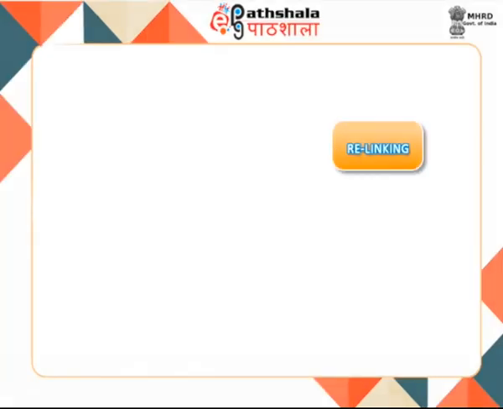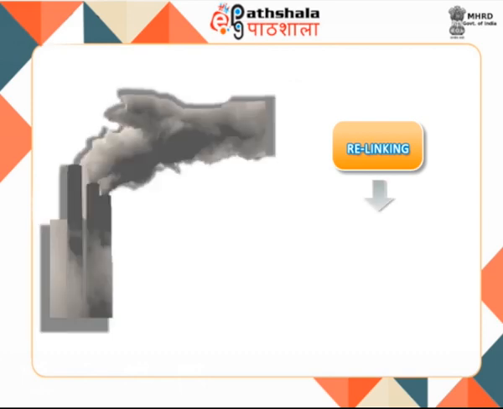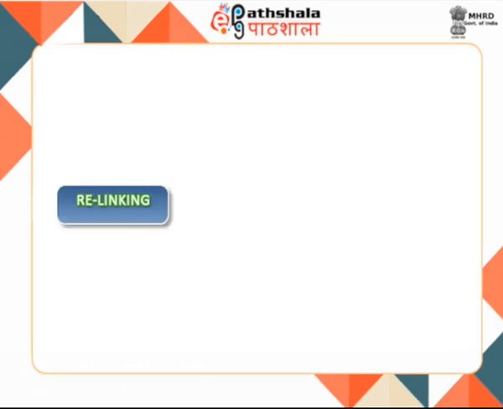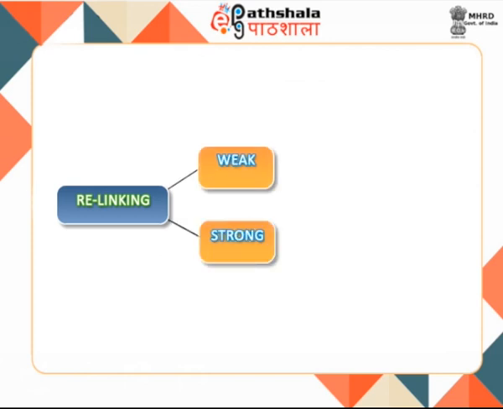Relinking can be defined as the empirical validation of a process in which pollution intensity has been stabilized or starts to rise again. Relinking can take two forms, weak and strong. Weak relinking implies that the environmental stress intensity of the GDP increases over time.